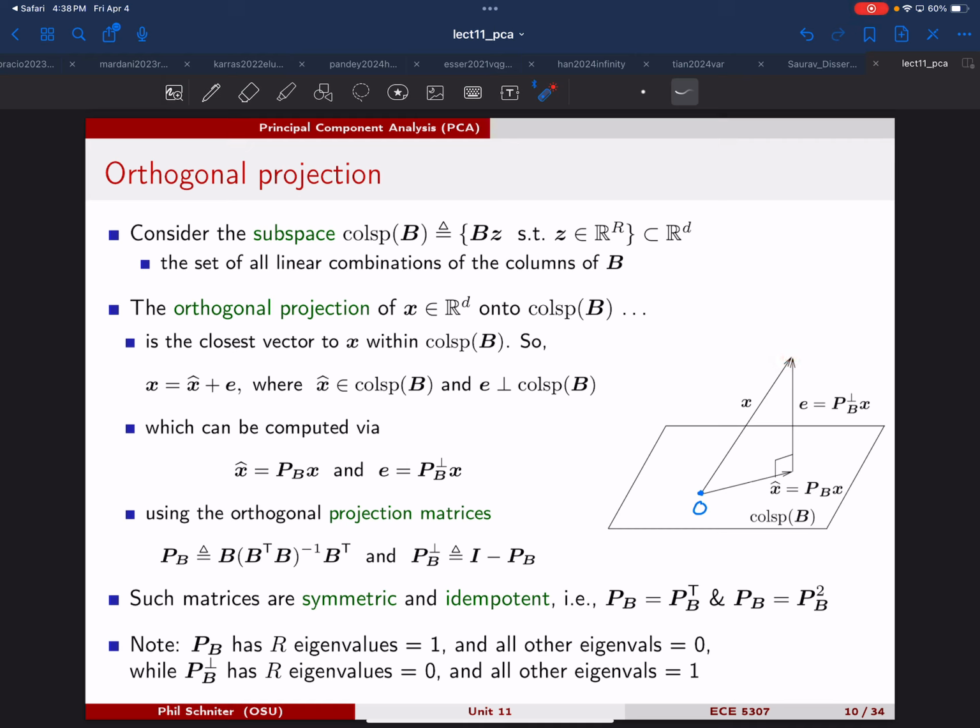It's kind of like if you would project a light directly from above, you would see this shadow down here. This is the closest vector to x in the plane, and we're calling it x hat. The important thing about being the closest vector is that the error between x and x hat is orthogonal to the plane.